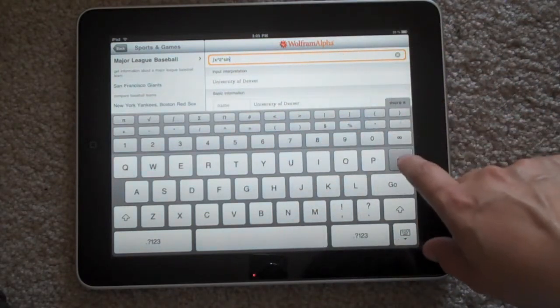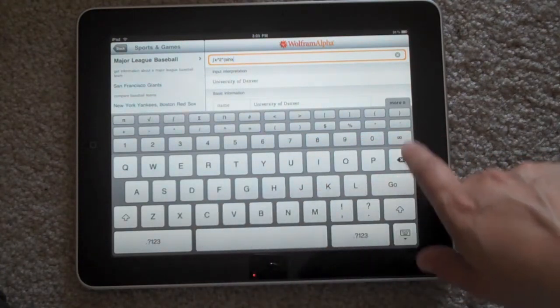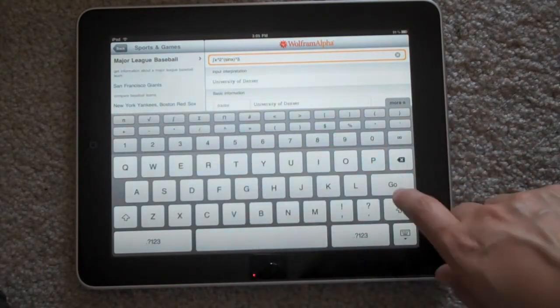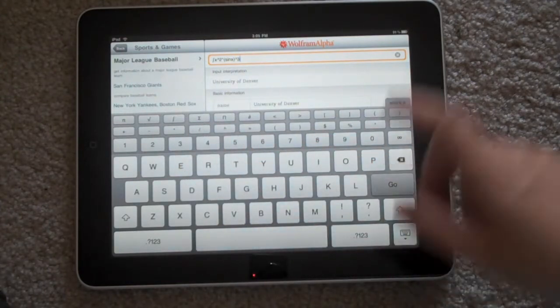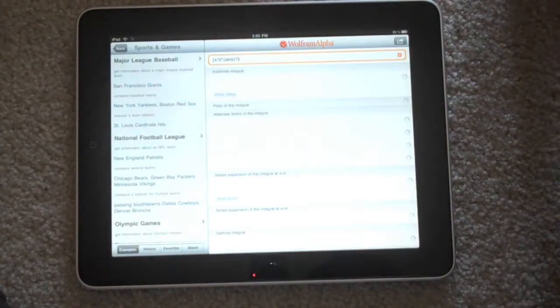Let's type it in like this, since I'm not sure how WolframAlpha is going to respond. And technically I would need a dx, but WolframAlpha is smart enough to know that's what I mean, so I'm not going to type it.